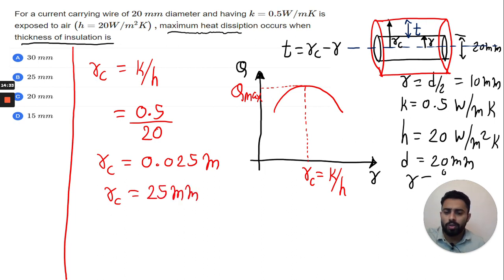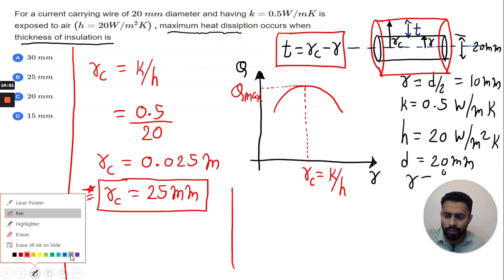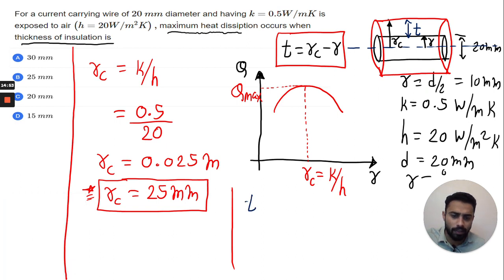Okay. So don't mark this 25 as your answer. They are not interested in the critical radius. They are interested in the thickness of insulation. So what is the thickness of insulation? Do focus over here. The thickness is RC minus R. So we will substitute the value of RC, which is 25, and the value of R, which is 10.